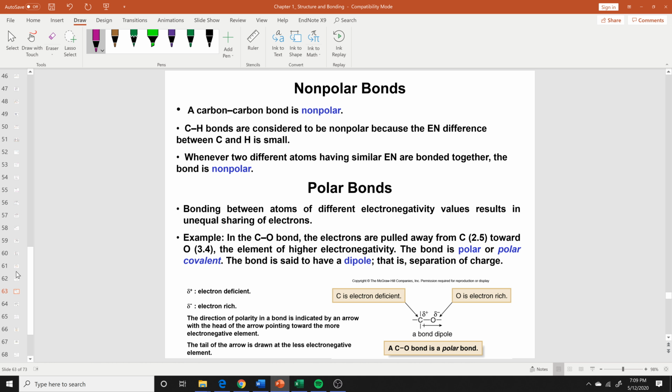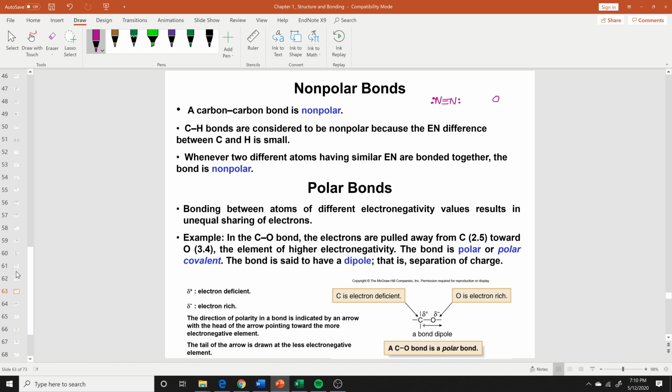Whenever you have two atoms that are the same, with similar electronegativity, then the bond is going to be nonpolar. So over here, if I am doing N2, this is the Lewis structure for N2. This is nonpolar because both have the same electronegativity. The difference is going to be 0.